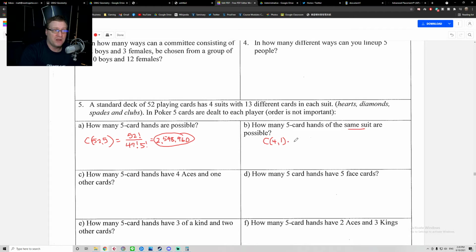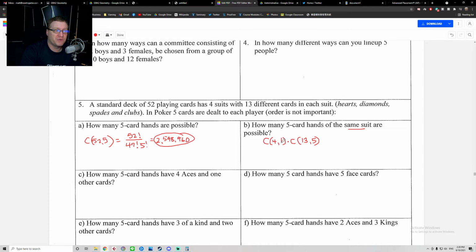And then, now that I have a suit, I'm going to pick 5 cards from the 13 cards in that suit. So out of 13 cards, we're going to choose 5. And that will give us 5 cards that are all in the same suit.